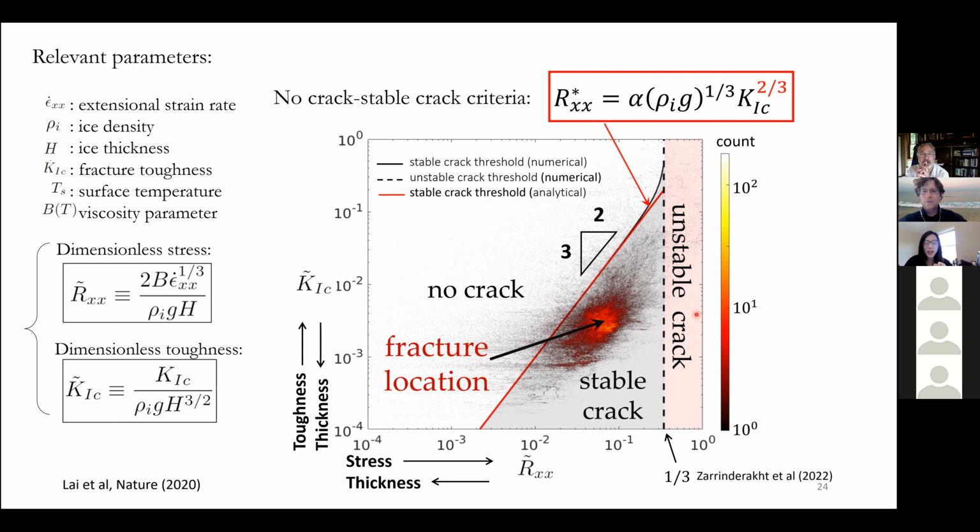So what we did was we track it back through history and identify the highest stress each fracture had experienced. What the plot looks like is that it shifts every fracture location slightly on this plot, towards the right, because for every fracture we report the highest stress it has experienced. But it still doesn't really cross the unstable boundary.